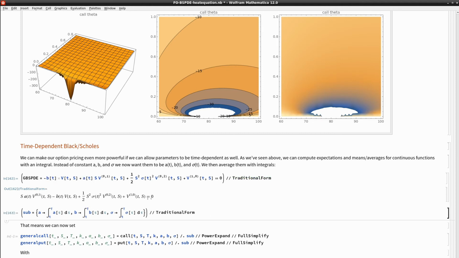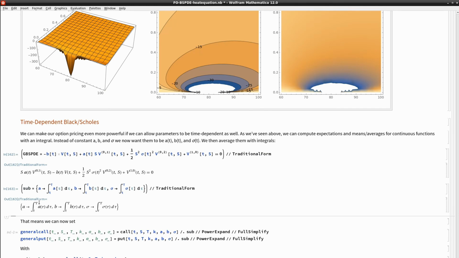So we can simply say that we allow a time dependence for a, time dependence for b, time dependence for sigma. And when we integrate them from t to T, then we are averaging them and we are creating an expected value. And those are the numbers that we can now substitute.